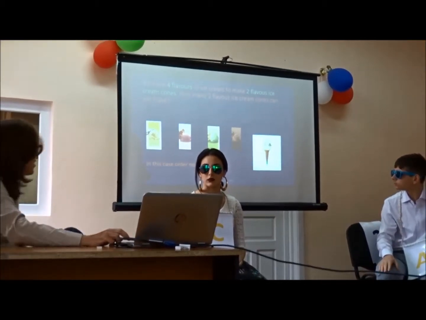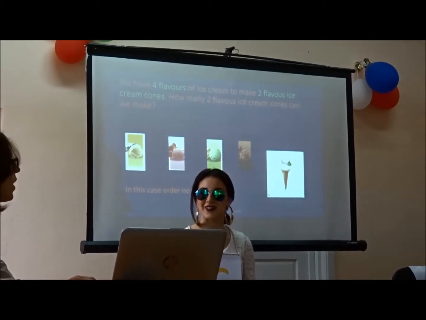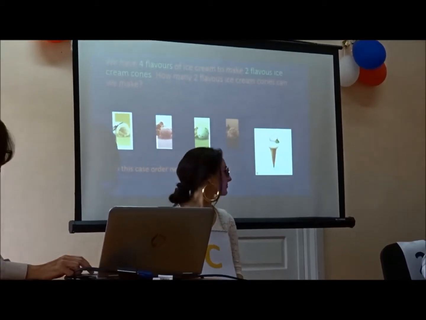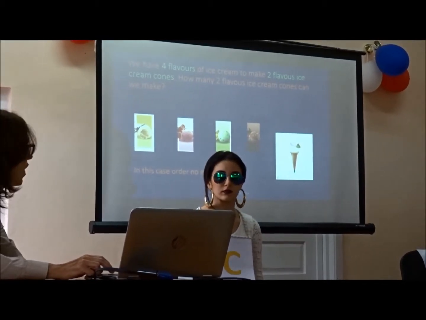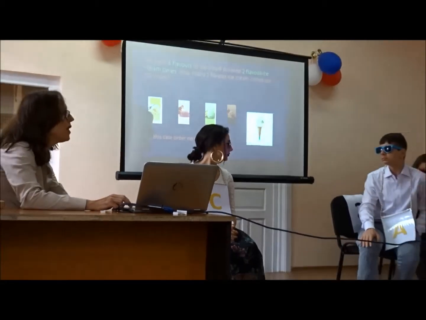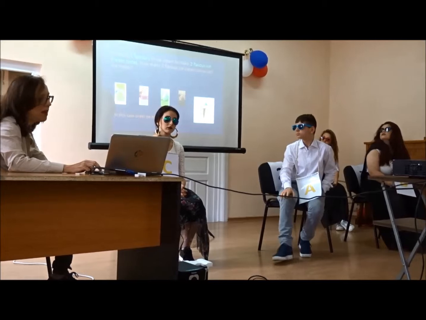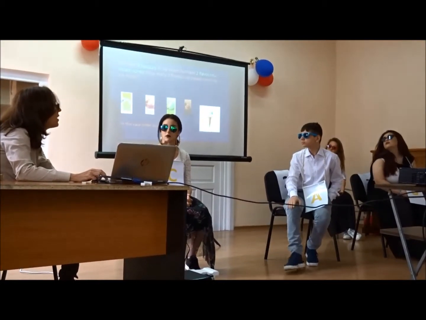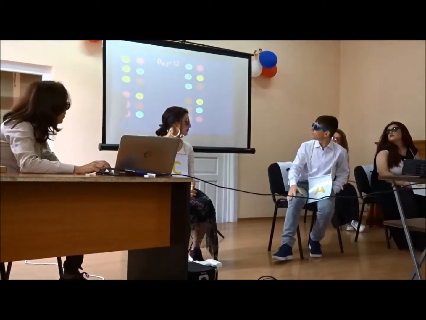Let's pass to the last kind of subset. We have this example. We have 4 flavors of ice cream and we want to make 2-flavor ice cream cones. In this case, Emanuele, is order important?